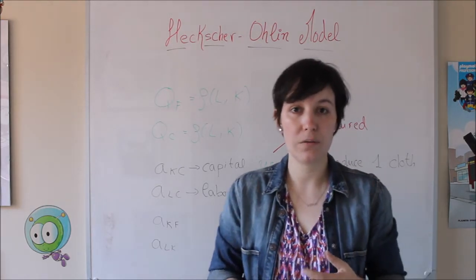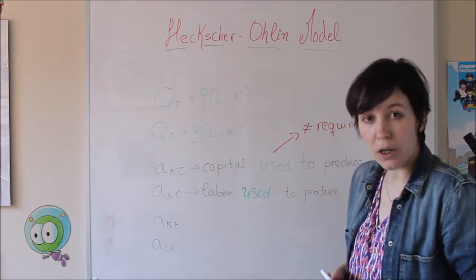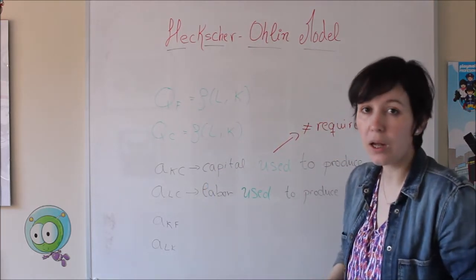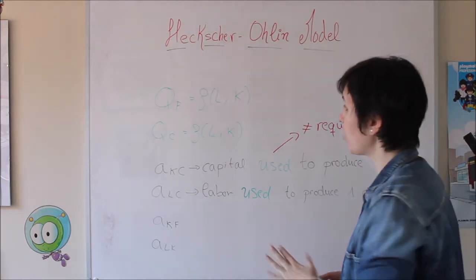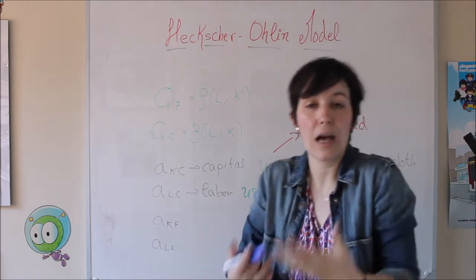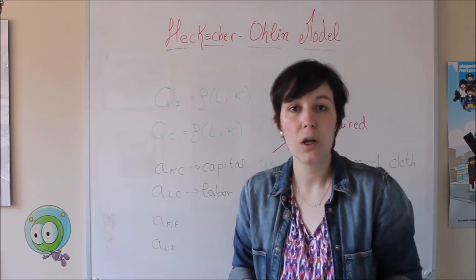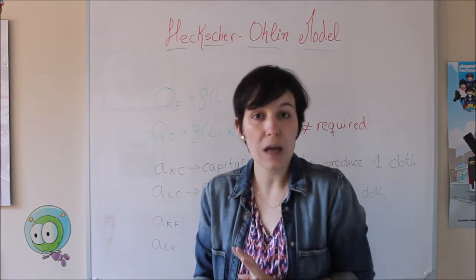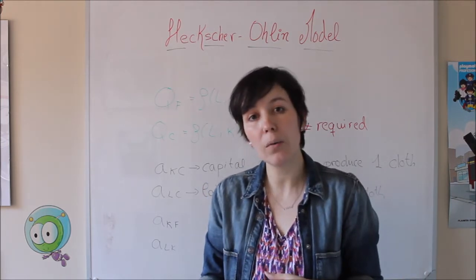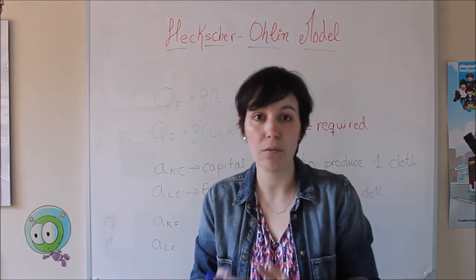When we were talking about the Ricardian model, we just had one production factor, which was labor. So in that case, the higher the amount of labor, the higher the output. Because we didn't have capital, the productivity of labor was always the same, because production just depends on labor.